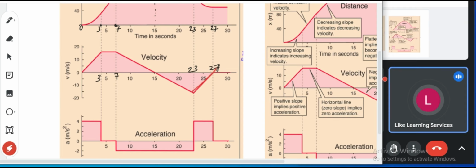And then this is another deceleration, in the other direction, deceleration in the opposite direction, and that's why it's coming up here.